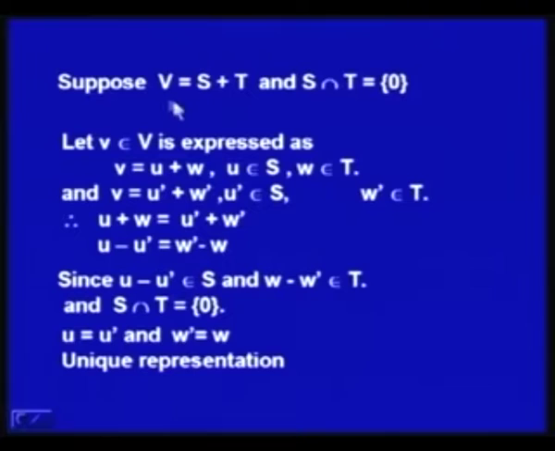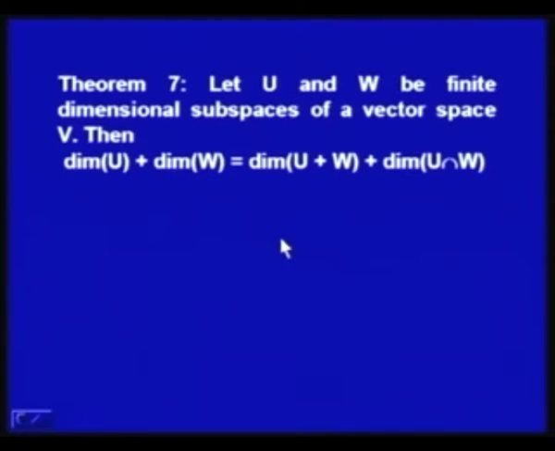That means V is equal to S plus T and S intersection T is equal to the null vector, which actually means that a vector can be expressed uniquely in V, and that means it is not just a sum, it is the direct sum. So, this can be used as a definition for direct sum also.